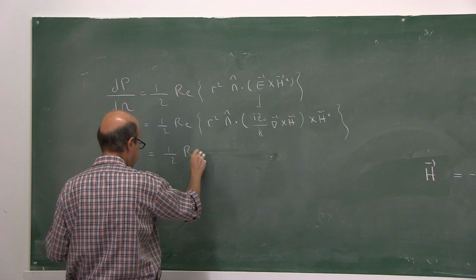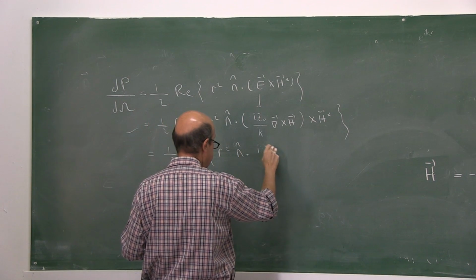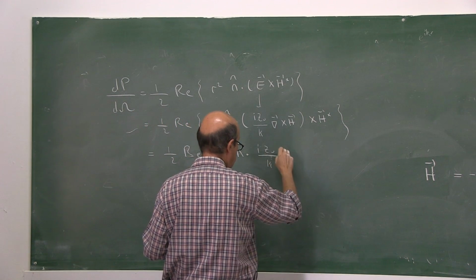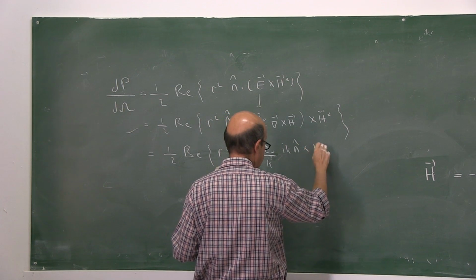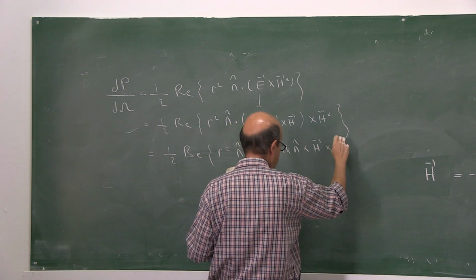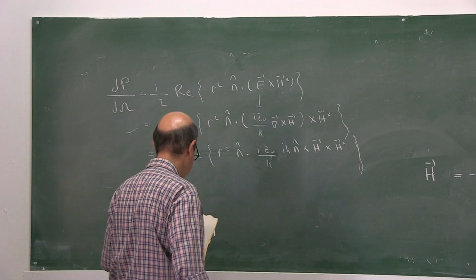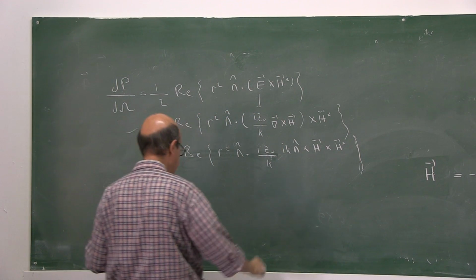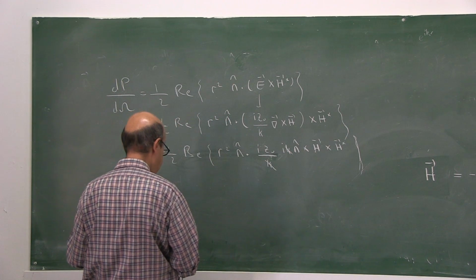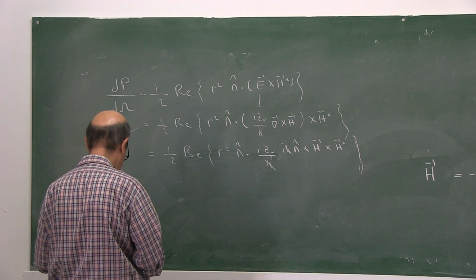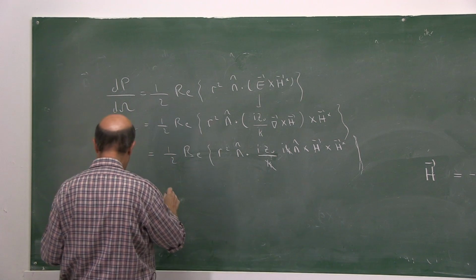So let me write one more step quickly. 1 over 2 real part r squared n dot i Z0 over k, and that will be ik n cross H, cross H complex conjugate. Too many cross products. So k will be cancelled, i and i will be minus. And where is my impedance? Is here.